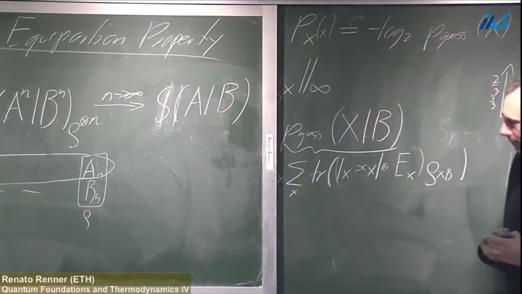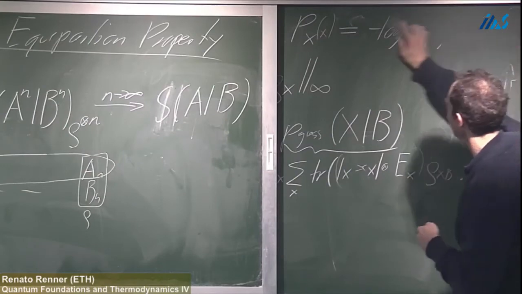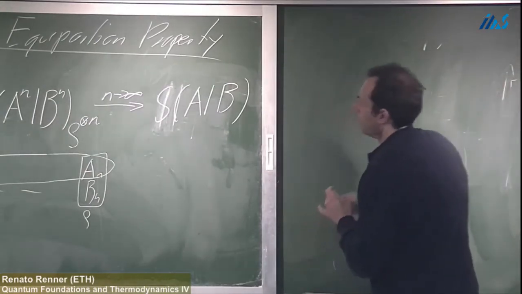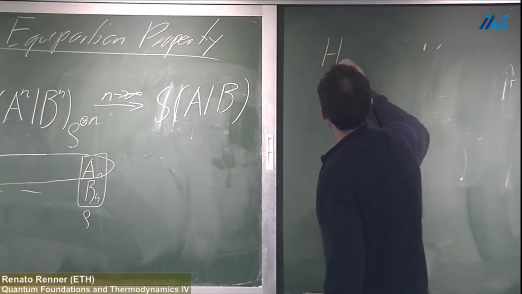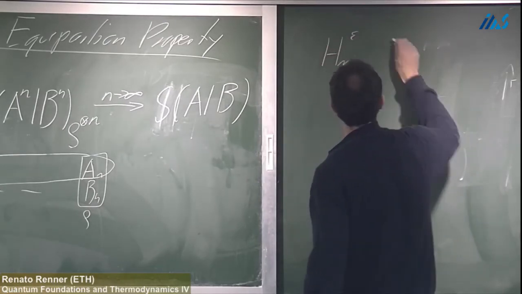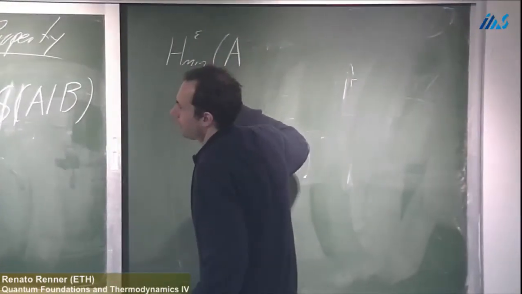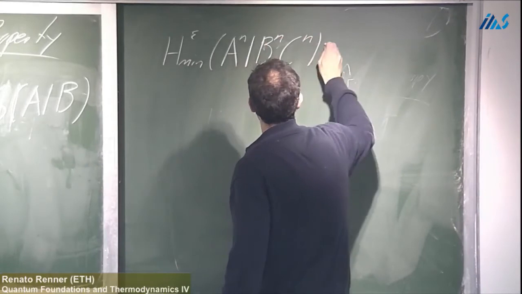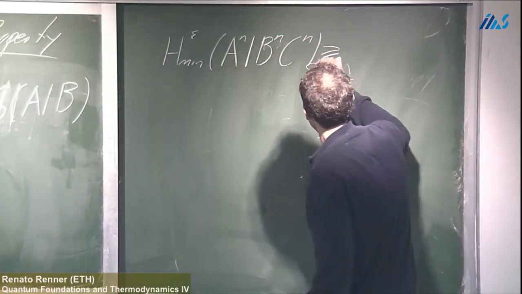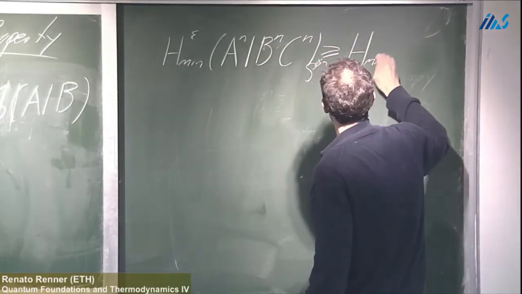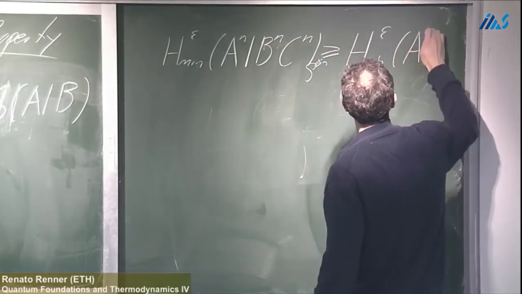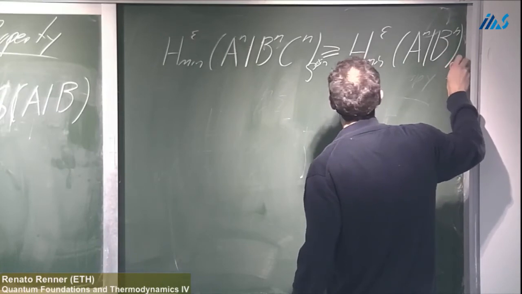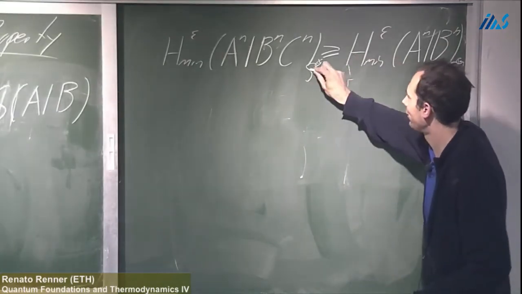So you somehow get as a benefit, I mean, this is of course not a trivial statement, that because of the data processing inequality, it holds for any entropy. So in particular, it holds if you have n copies of a state. So this must also hold. That's just the data processing inequality applied to the special case of an IID state.